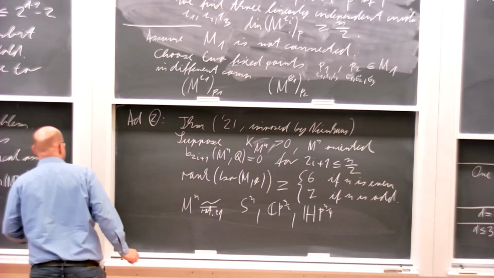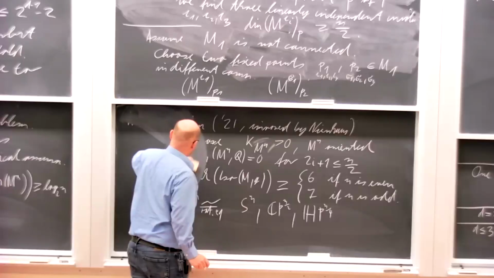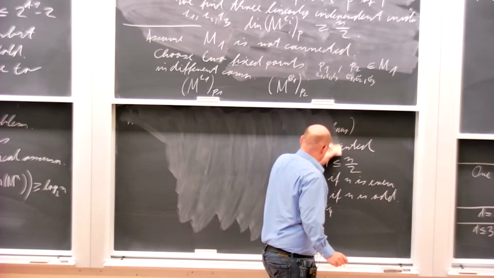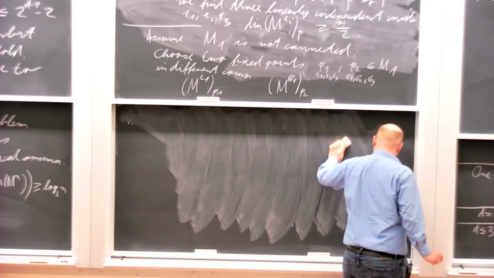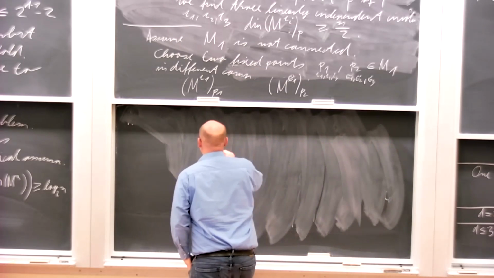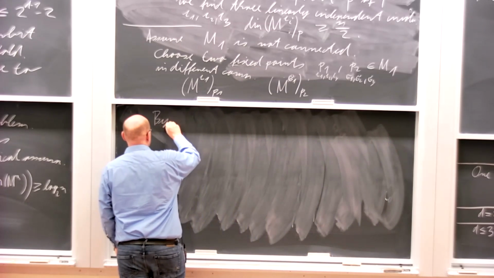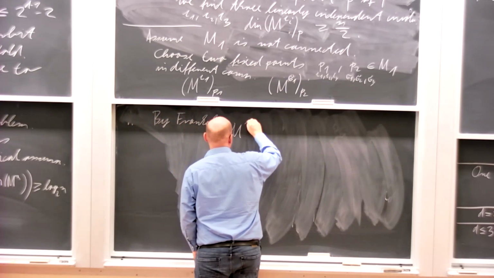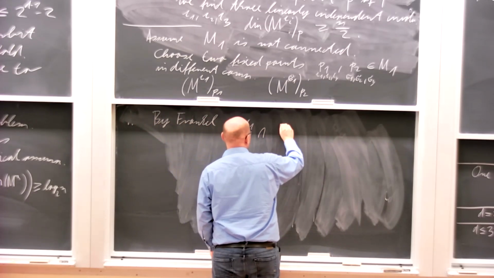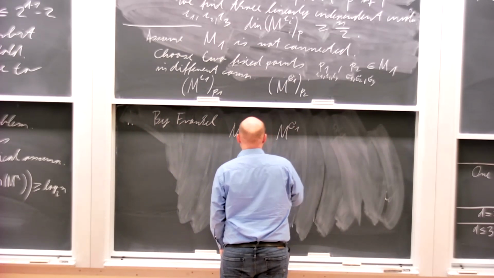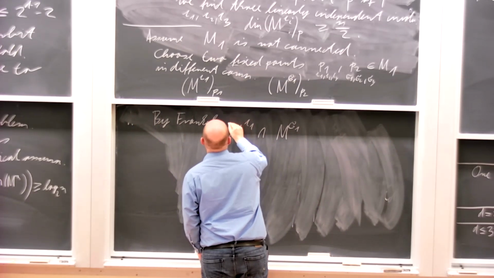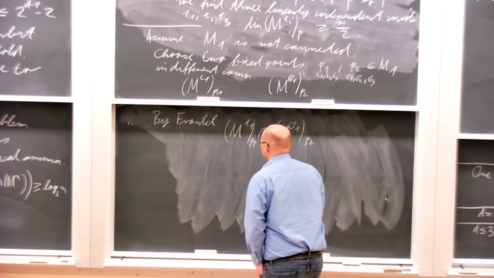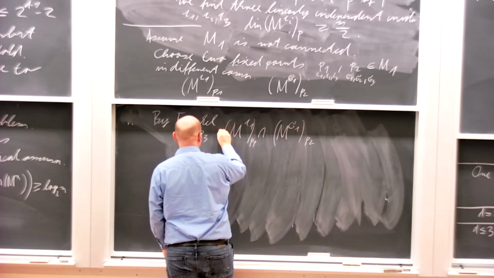And now if they intersect, then the intersection contains again a fixed point, by Frankel. M^iota_1 intersected with M^sigma_1 is not 0, and we can find a fixed point P3 in there, right?